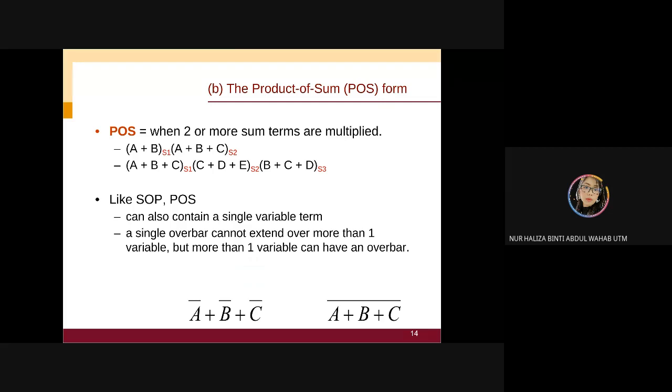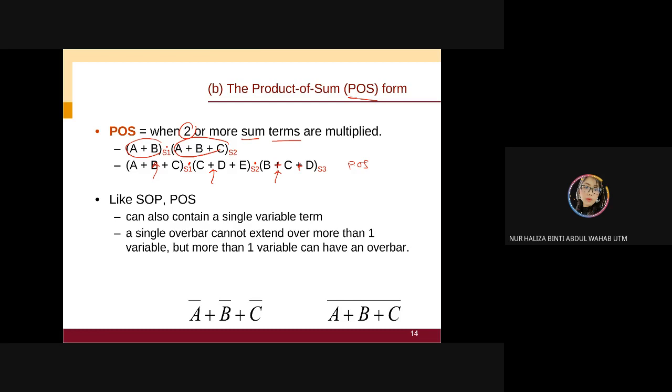Now, after you take a look at your SOP, you also need to know what is POS. POS is when you have two or more sum terms. You know, a sum term is additions of several variables, and then you multiply them. See, you multiply them. So this one has two sum terms: this is one sum term, two sum terms, three sum terms. You multiply them together, so it's called a POS.